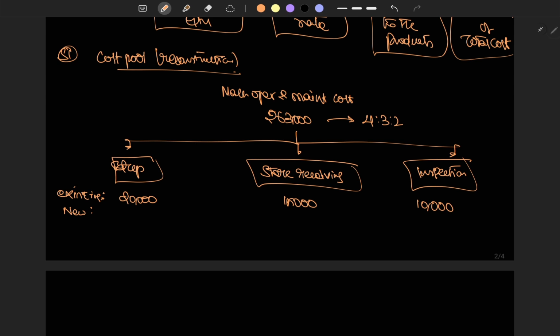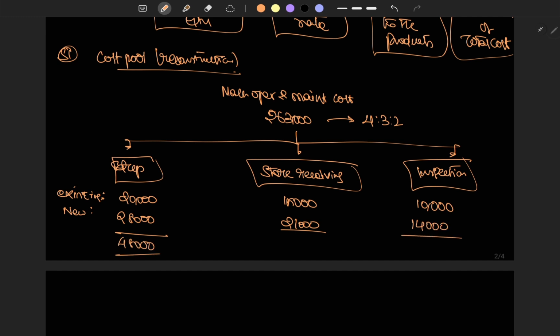Now we have to apportion this 63,000 rupees divided by 9. 4 gives us 28,000 for setup, 3 gives us 21,000 for stores receiving, 2 gives us 14,000 for inspection.